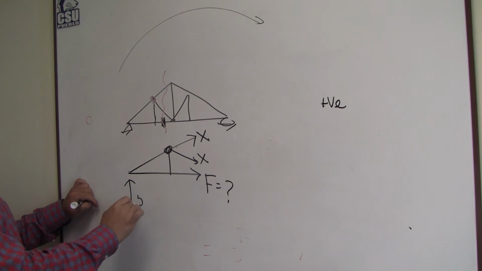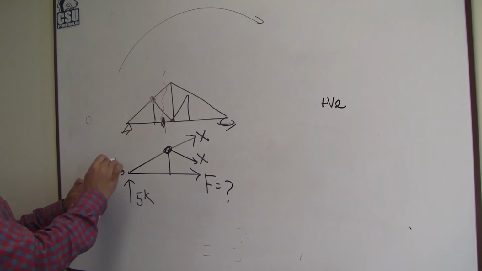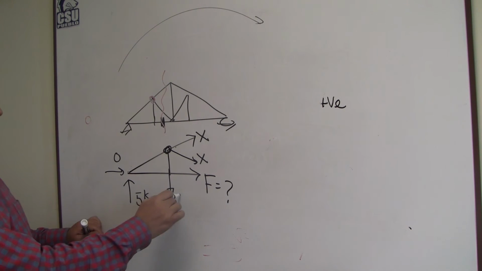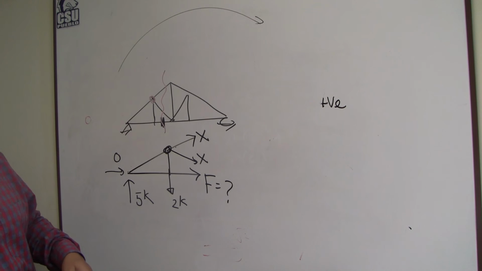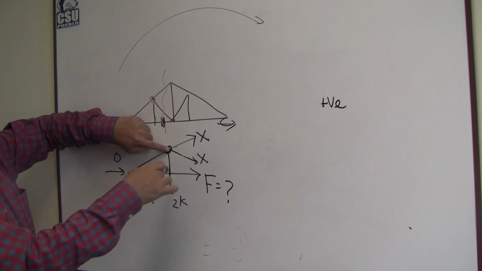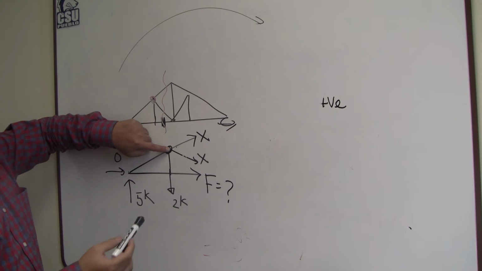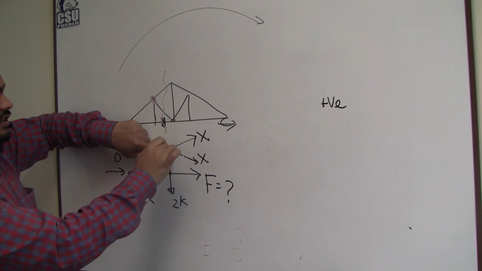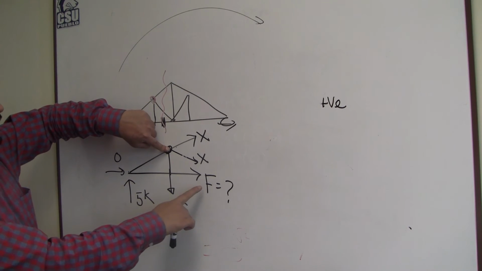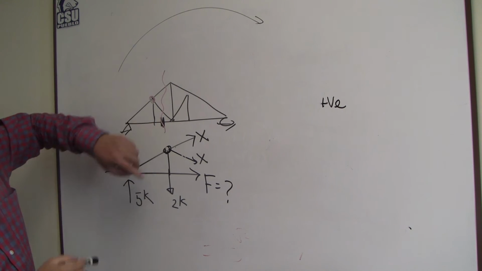If I know my reaction 5 kip and my horizontal reaction 0 and my force here is 2 kip, you can see that if I take moment here, this force is vanished. I do not need it. Similarly for this force, it will produce no moment. So the only unknown is this force. It will be very simple.